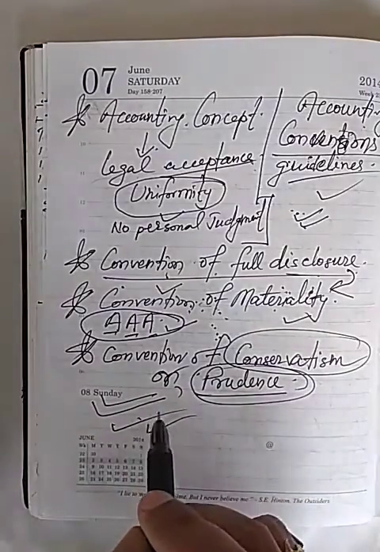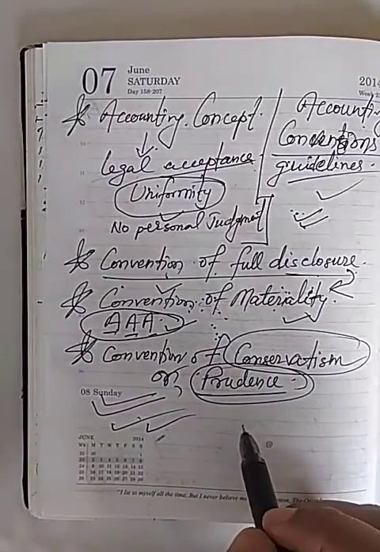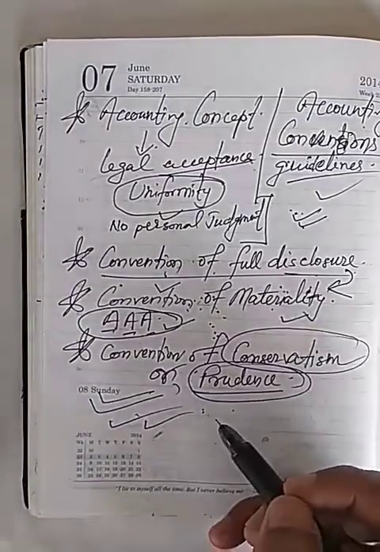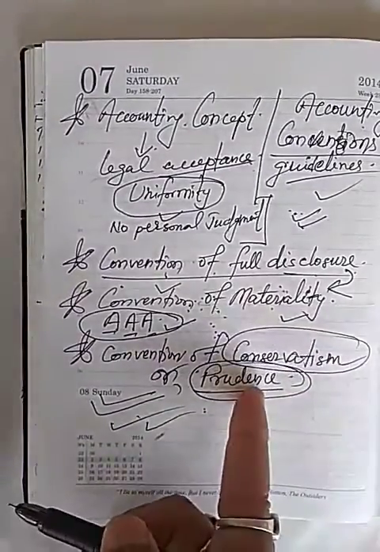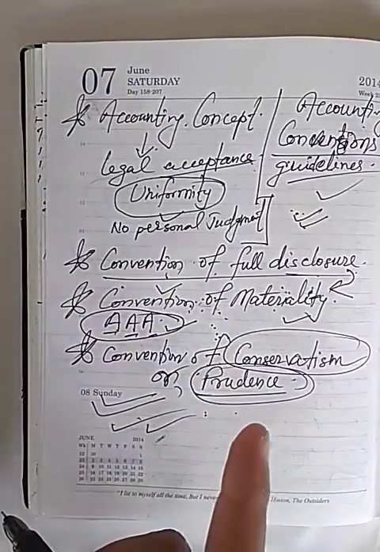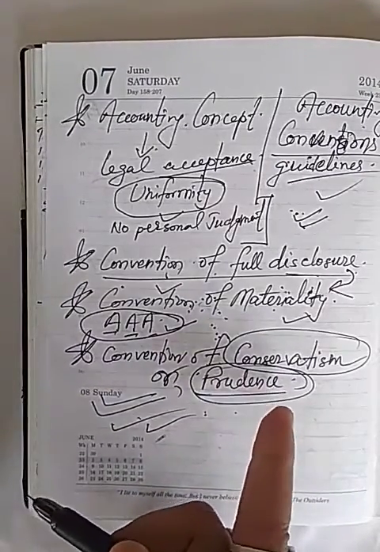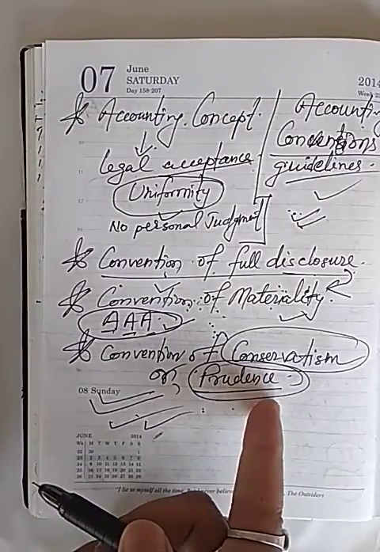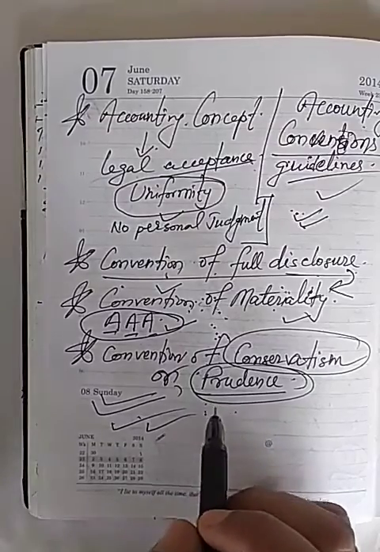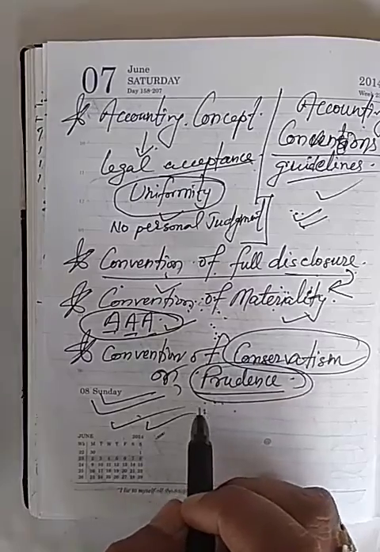According to this convention, all anticipated losses should be recorded in the books of account, but all anticipated or unrealized gains should be ignored.